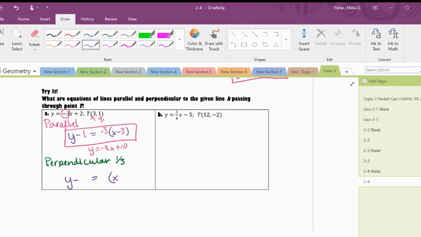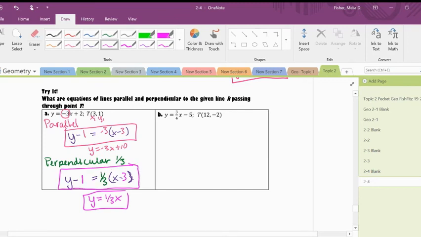I don't know why my pen is really having a hard time tonight. And for the point, we're still plugging in the 1 and the 3. And we could have left it like that. Or if you solved, this would have actually come out to be y equals 1/3 x, and your C value would be gone.